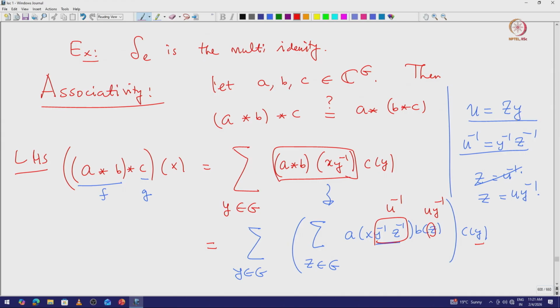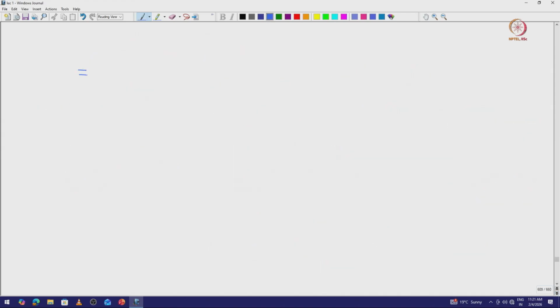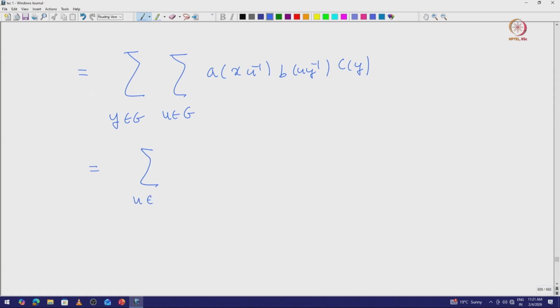So, then that summation is going to be exactly equal to summation y in G, summation u in G, A of x u inverse, B of u inverse y, and then C of y. Now, if you fix u and then collect y, that means you just interchange the sum: summation u in G, A of x u inverse, and then collect the y in one sum, B of u inverse y, C of y.